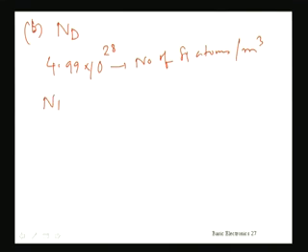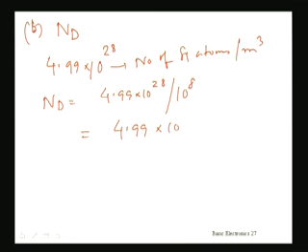The donor concentration will be 4.99 into 10 to the power 28 divided by 10 to the power 8. So this value is 4.99 into 10 to the power 20 atoms per meter cube. Now, you have to be careful. This concentration is given in per meter cube, but the other data in part A of the problem were in per centimeter cube.